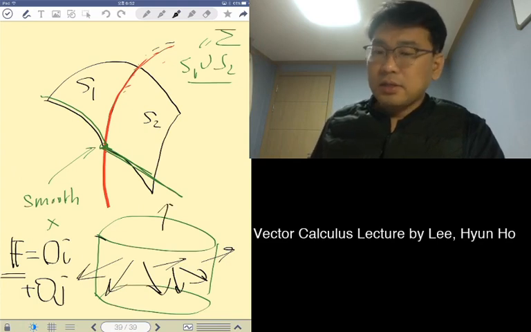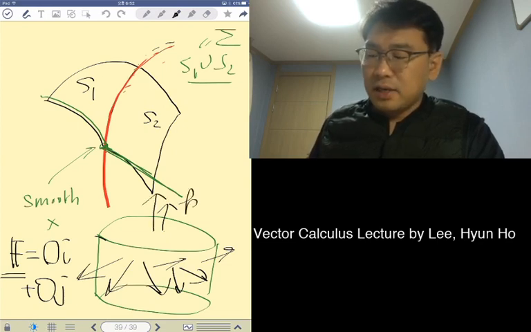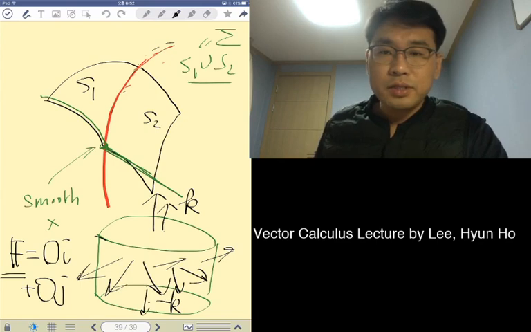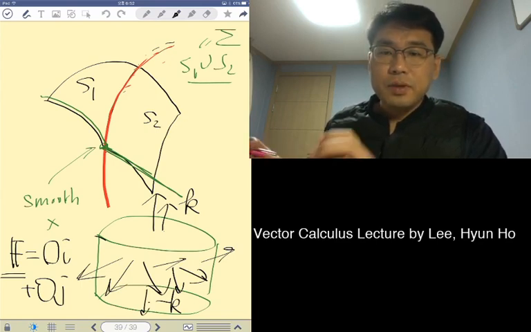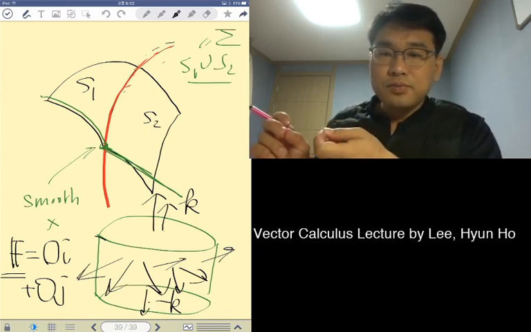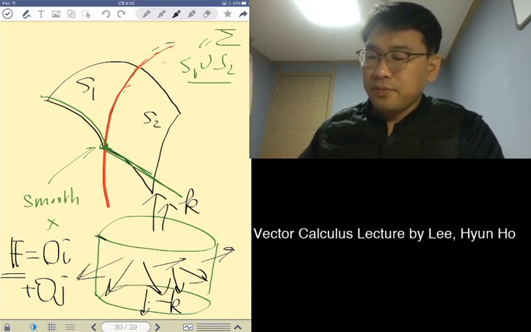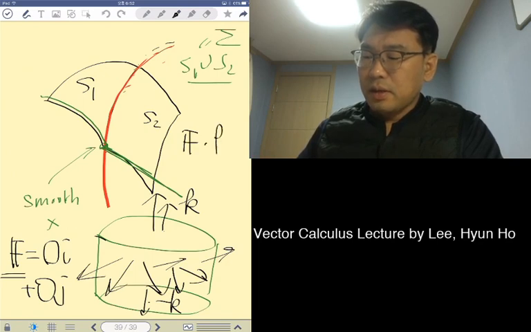So in the top, if you take the outside, in which direction is this? Let's say k is the outgoing direction, and in the bottom, minus k is the outgoing direction. Then what we need to calculate is the inner product between this normal and f, but f dot k is 0 and f dot minus k is 0.